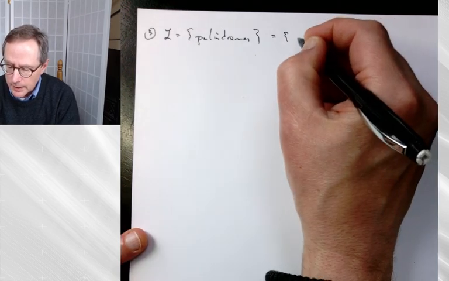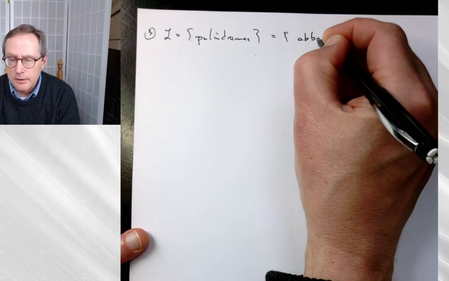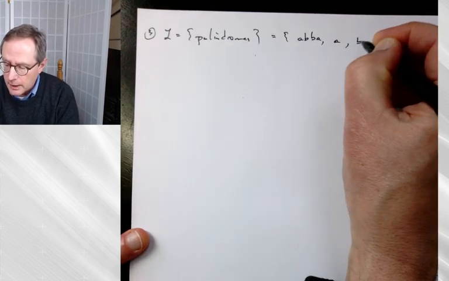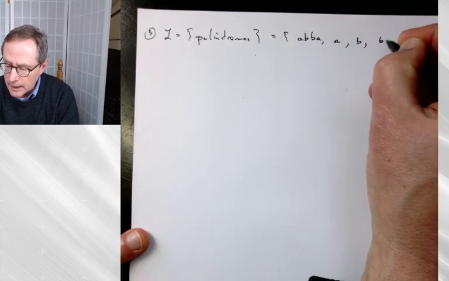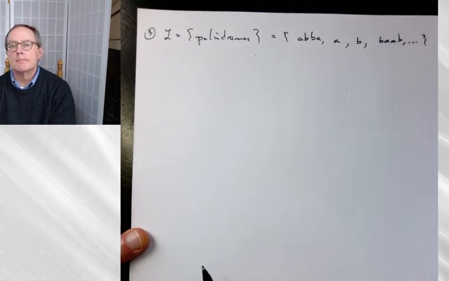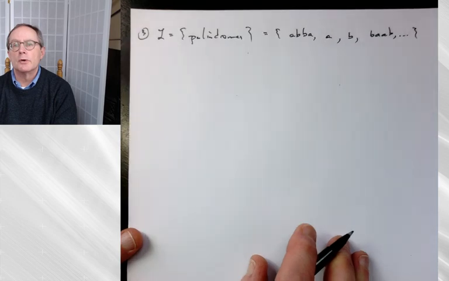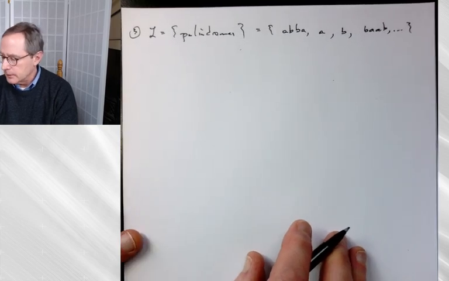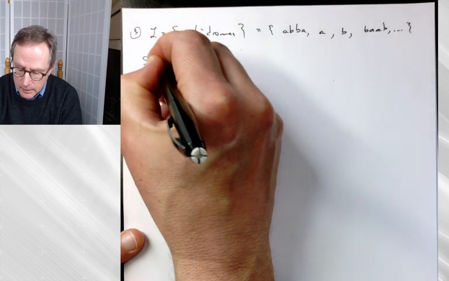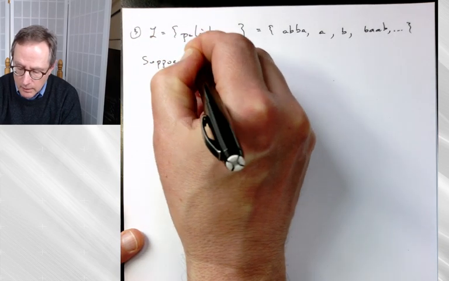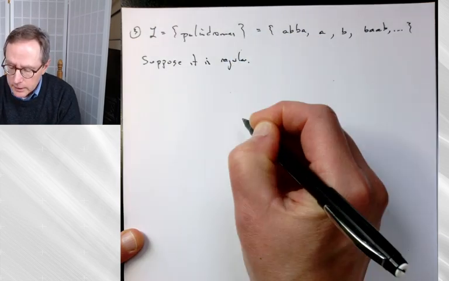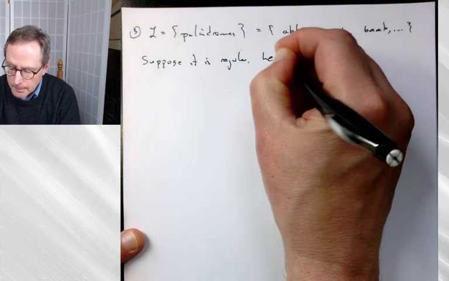So something like A, B, B, A, and just A, and just B, and B, A, B, etc. I'm of course going to apply the pumping lemma. So we suppose it's regular and let the pumping length be P.